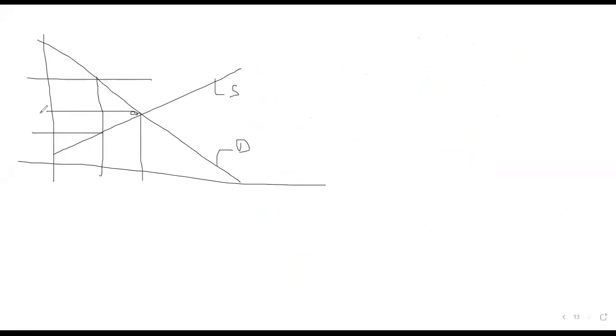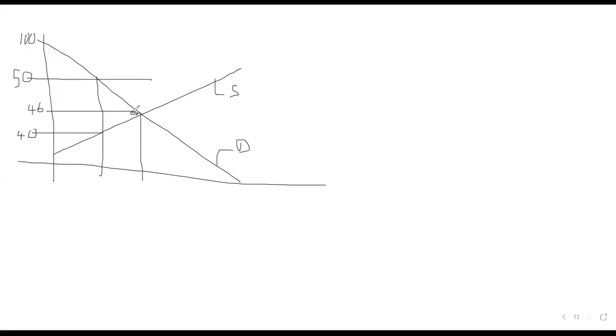So the highest price above which you should not sell is called price ceiling. So maybe here you have 100, the equilibrium maybe was 46, and you're told don't price above 50, and don't price below 40 here.